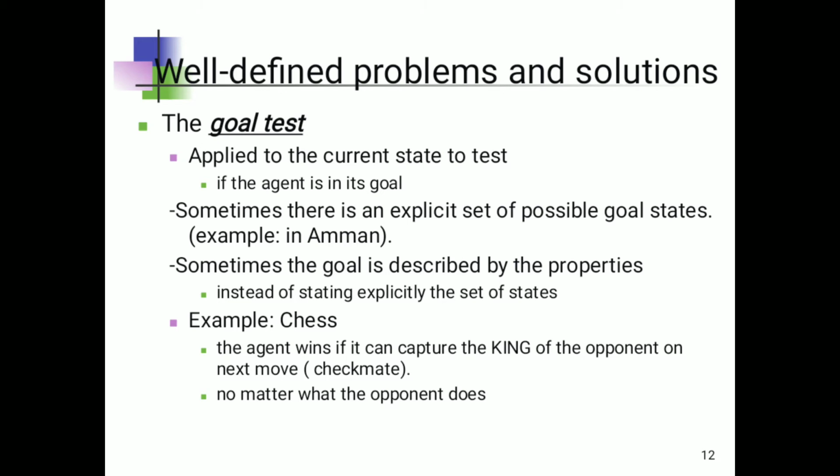Then suppose it is decided to go to a city that contains this, that contains those, then this is an example where the goal is described by properties. Example, chess. The agent wins if it can capture the king of the opponent on the next move, that is checkmate. So this is an example of goal described by properties, no matter what the opponent does.